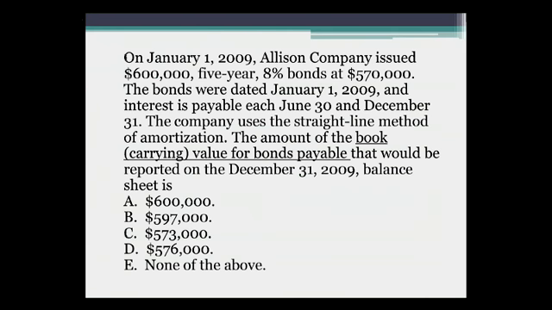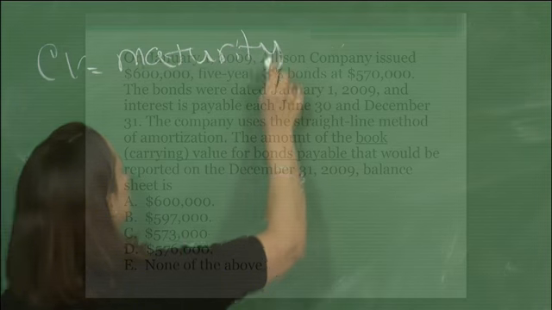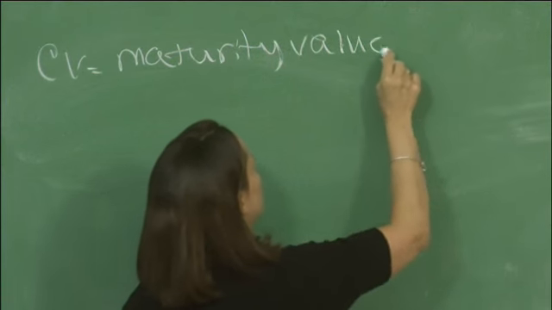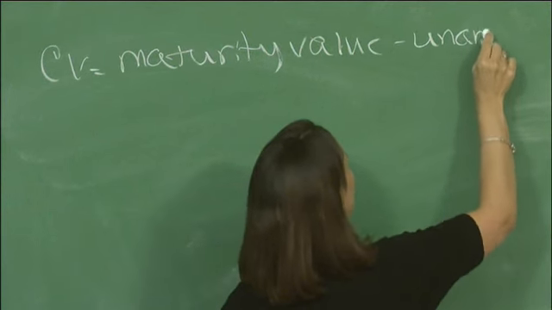Okay, here, what's going on here? Well, one is asking for the carrying value of the bonds on December 31st, 2009. These are bonds issued at a discount, so we know the carrying value equals the maturity value minus the unamortized discount.